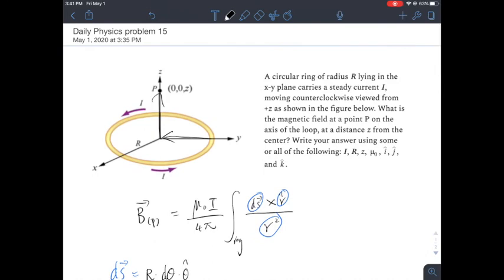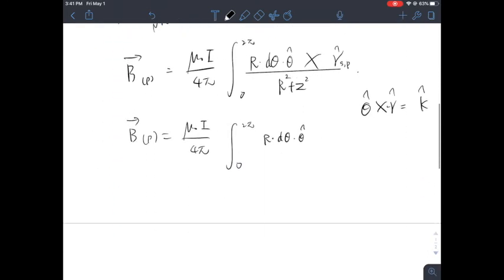We know we can decompose the vector into two vectors. One is in the radial direction, one is in the z direction. So r times negative r hat plus z times k hat. That's our vector. Divided by its magnitude, we get our unit vector.